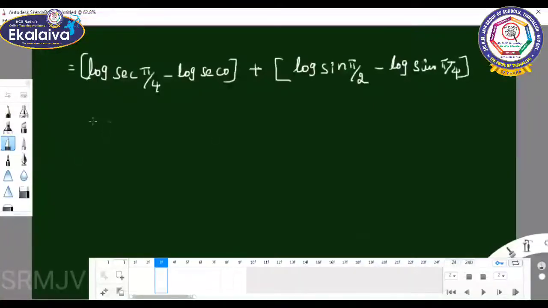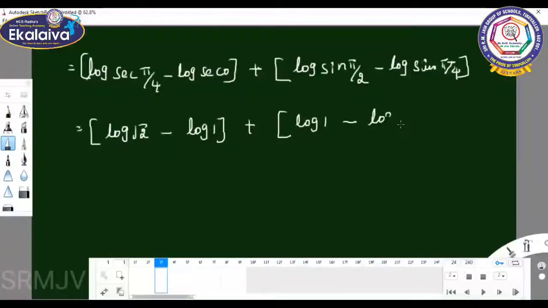Secant pi by 4 is root 2, so log of root 2 minus log of secant 0, which is log of 1. Sin pi by 2 is sin 90 degrees, whose value is 1, and sin pi by 4 value is 1 by root 2.